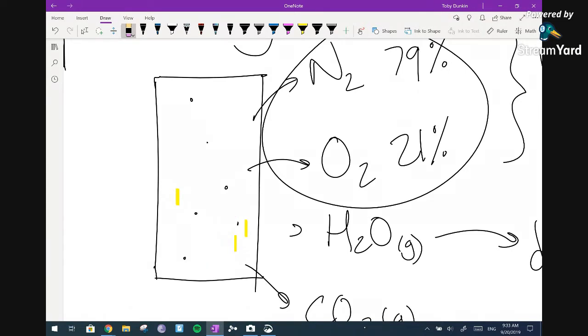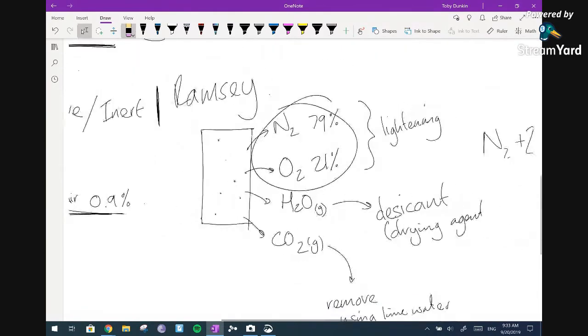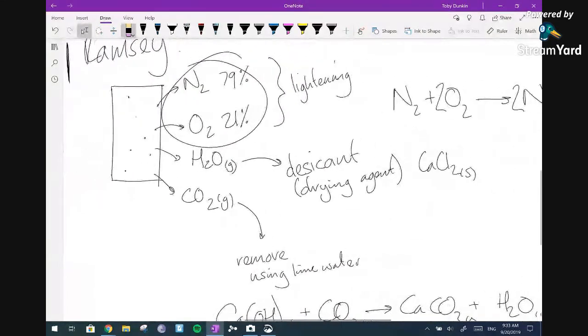As Ramsay did this, he realized something very strange, which he did not expect. And that was the fact that there was still a gas there. And that was very special. He was like, there's still a gas. And he had no idea what this gas was. So he tried to test it.